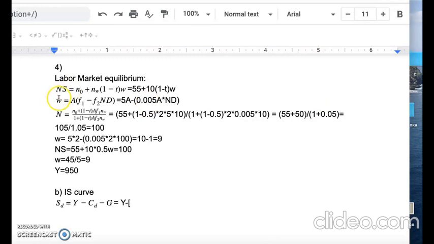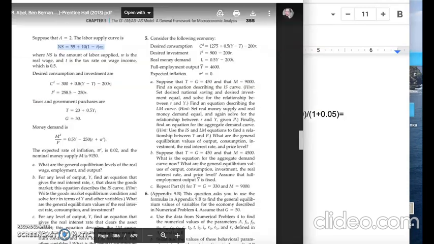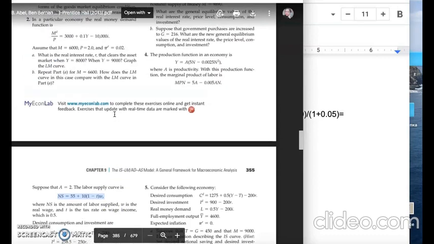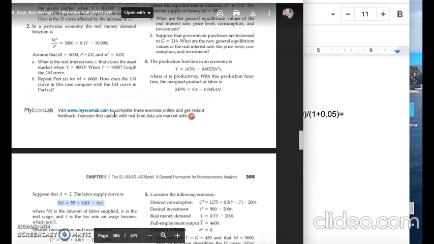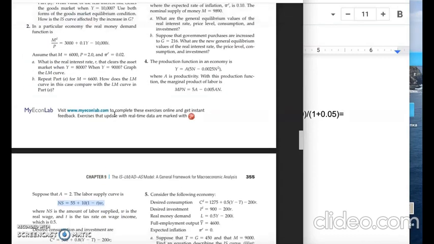For the labor demand, we will use the real wage equation. But here we have only the equation for marginal product of labor, but as we know, the firm hires labor at the point where the marginal product of labor is equal to the real wage, because it is more profitable.